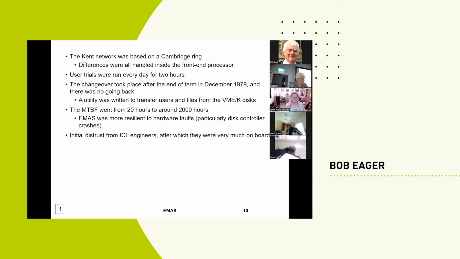And what VME/K did when notified of a single bit error was it said, oh, it's been an error. Let me just clear that. Okay, clear the error, and we'll carry on. Didn't record it in any way. So of course, after a while, something else failed in the same piece of memory, the same chip, and it all went. What EMAS did was log the fact that there was a single bit error. Once a week, it would print out a report showing you which chip you had to change on which board. And so that was a lot better. And we went up to 2,000 hours.